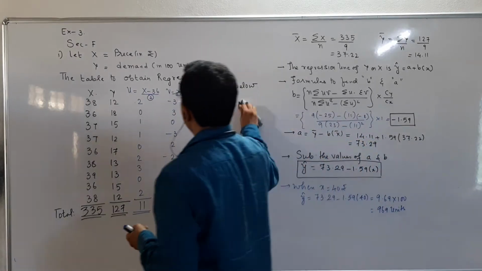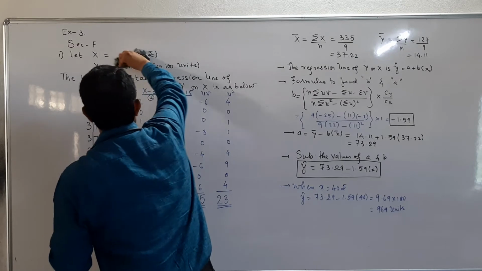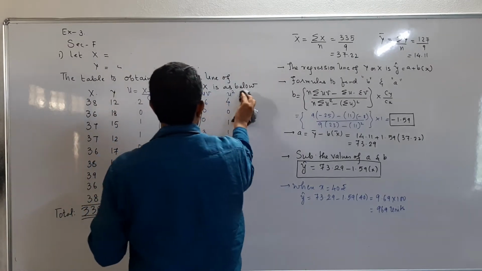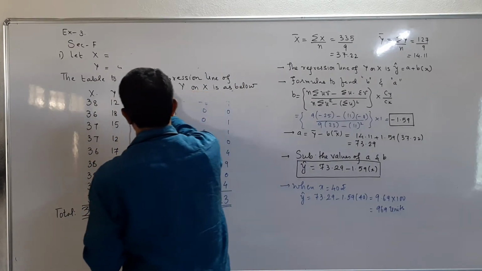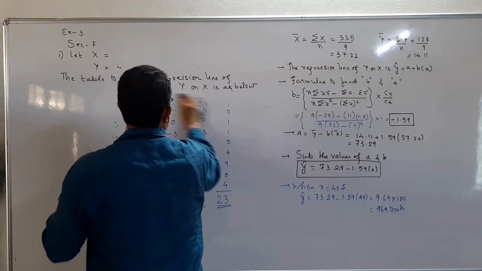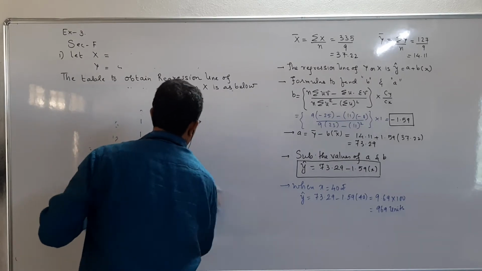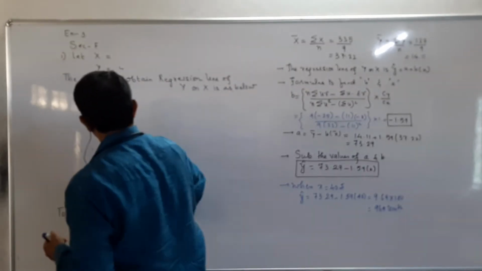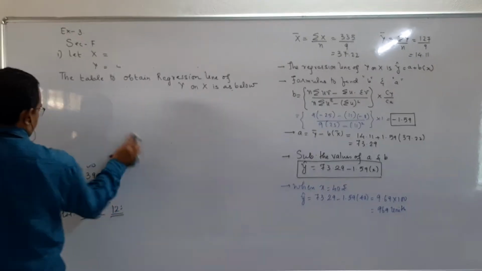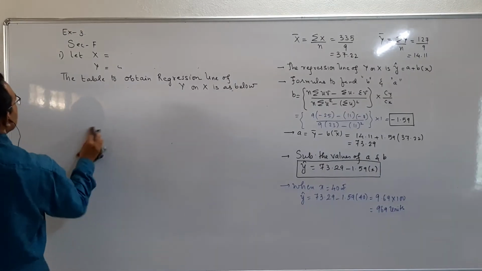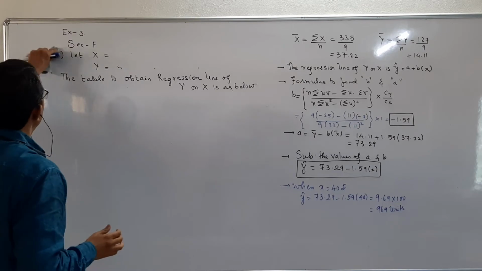Now, let us erase these variables. Sum number 2.